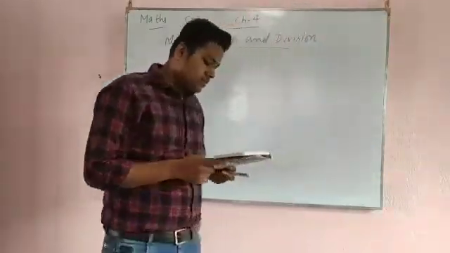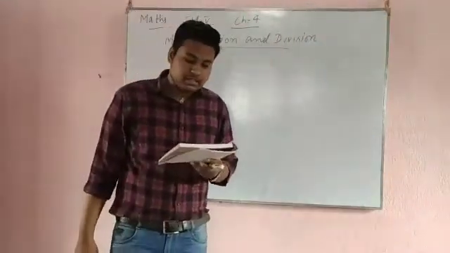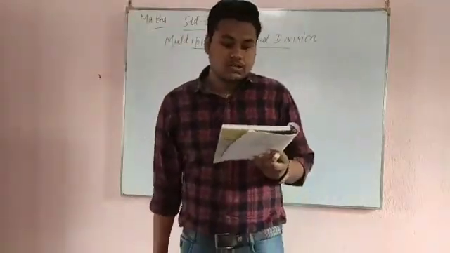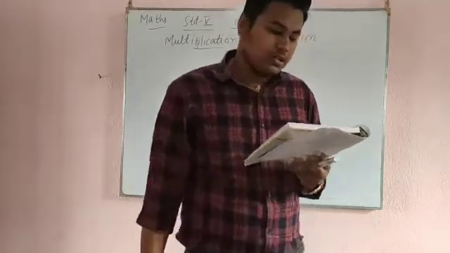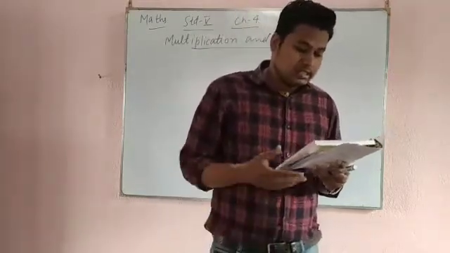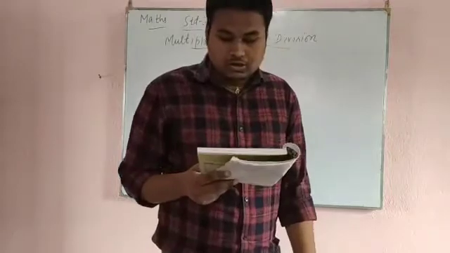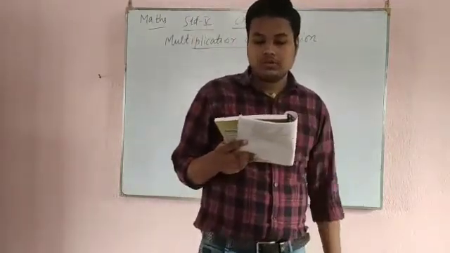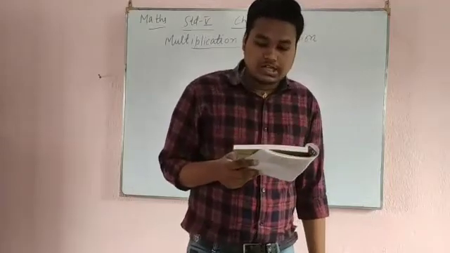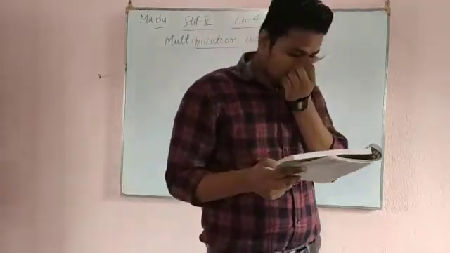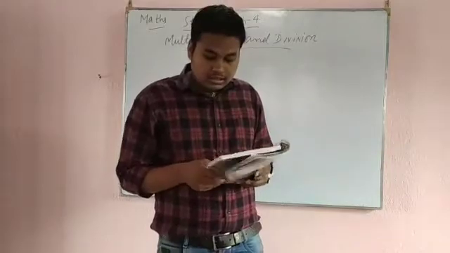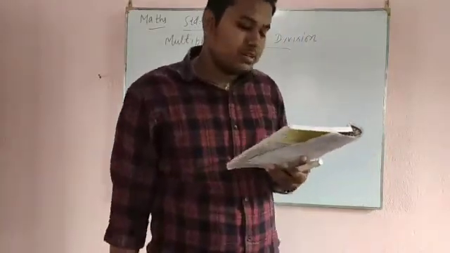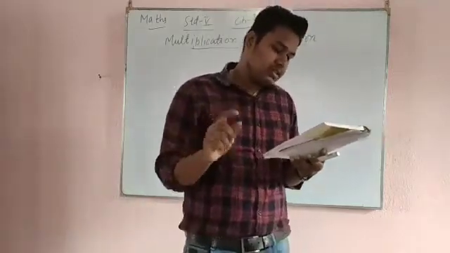See, there are some properties given. The first property is that the product of two numbers does not change when the order of the numbers is changed. The second is that the product of three numbers does not change when the grouping of the numbers is changed.